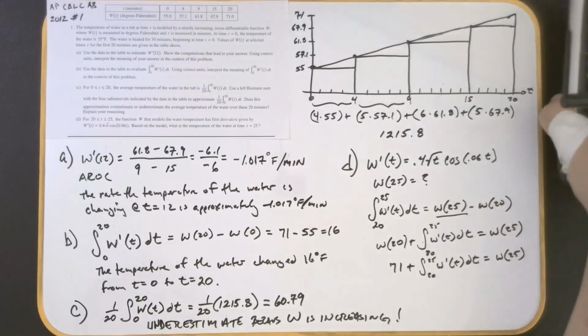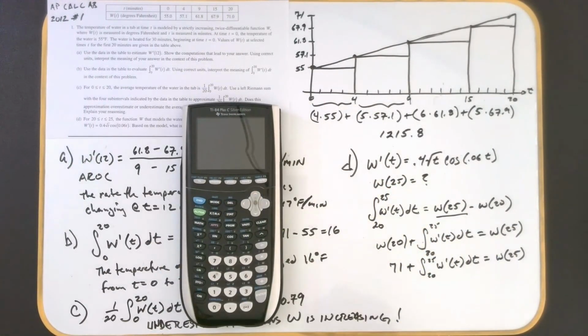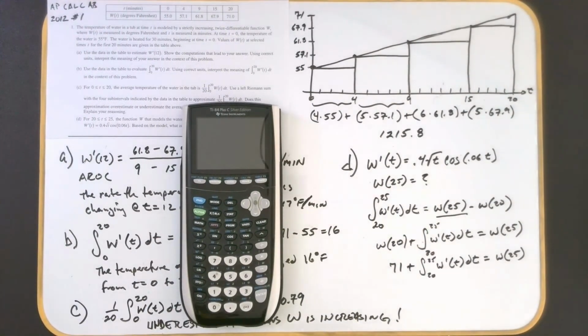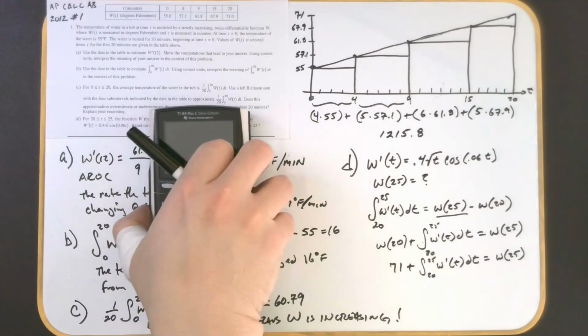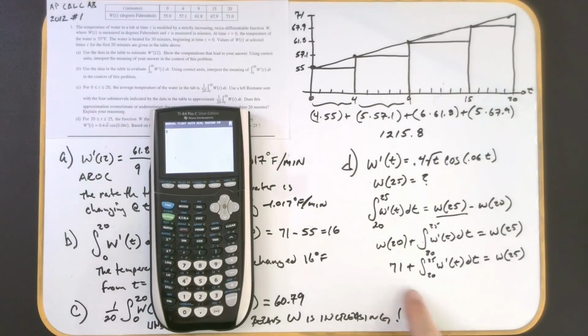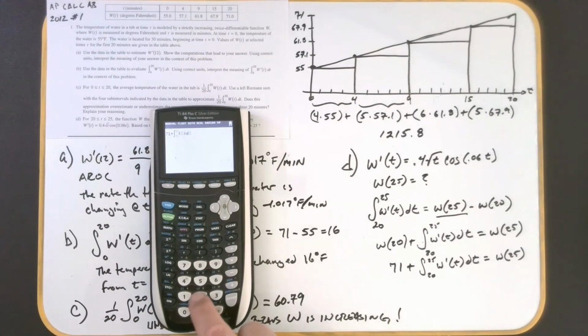So at this point, calculator time. I'm going to go ahead and put the 71 in there. We'll put the whole thing on there. 71 plus, I'm going to integrate from 20 to 25.